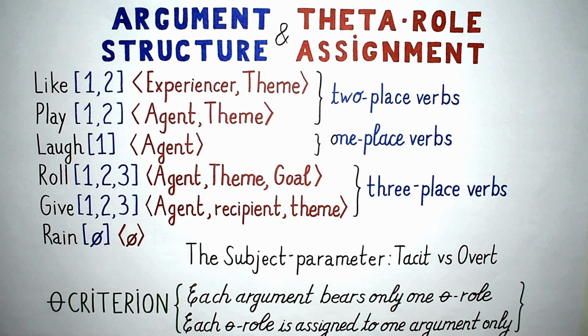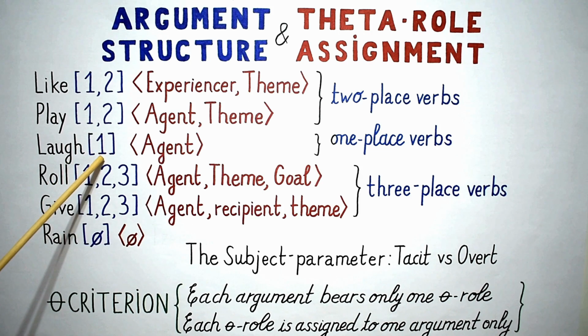Question: can we have predicates that have only one argument, or three arguments, or no arguments whatsoever? The answer to that question is yes. And what we will say is the following. Look, you get sentences such as she laughed. We have only one argument.